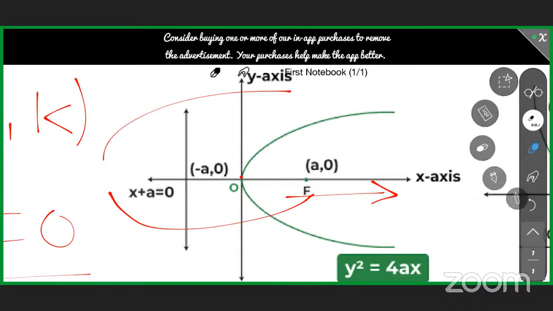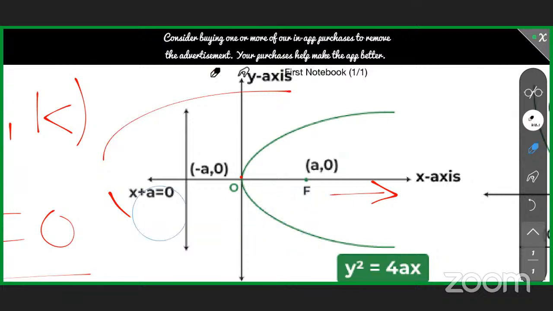Why I'm telling all this is to remember the properties of a diagram. Sometimes they will not give a diagram, sometimes they describe the parabola in words. A parabola having symmetry about the x-axis, oriented towards the positive direction of the x-axis, we should be able to identify it.